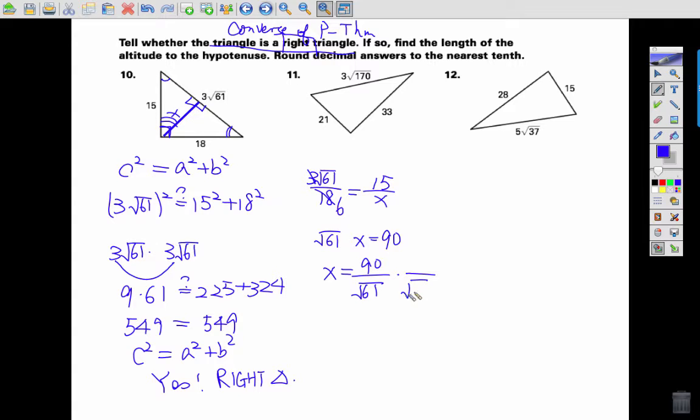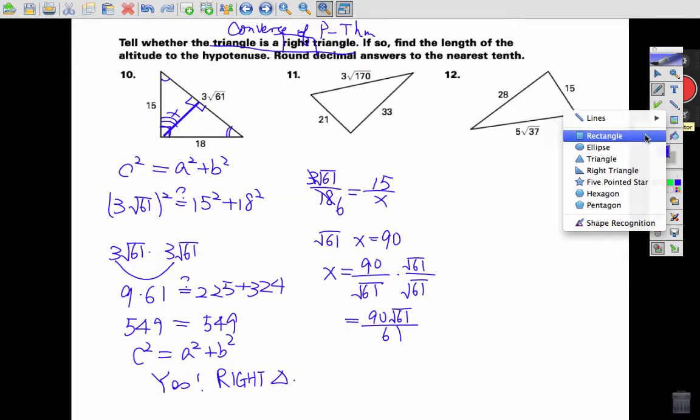Remember, you cannot leave a radical in the denominator. It's not considered pretty by mathematicians. We want to see just good old integers. So now upstairs you have 90 times root 61. Downstairs you have 61. Double check this answer. It looks really convoluted.